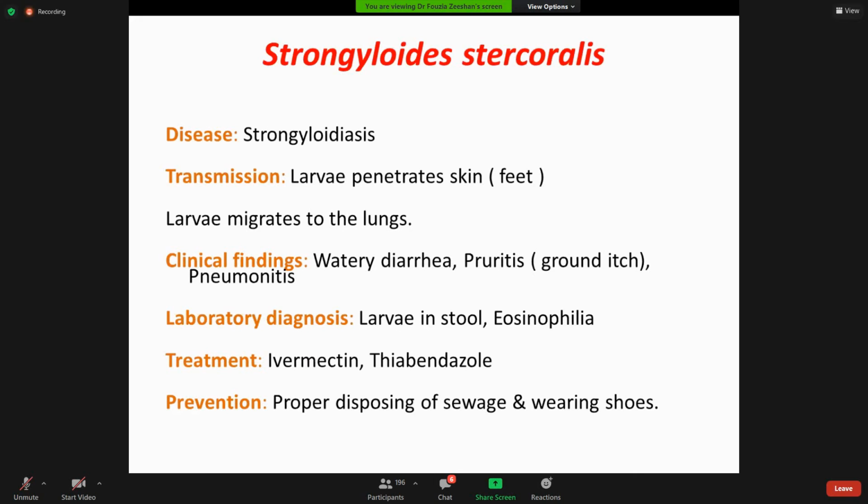Very dangerous, because the larva penetrates through the lung and then they move around the lung and then they enter into the GIT tract.